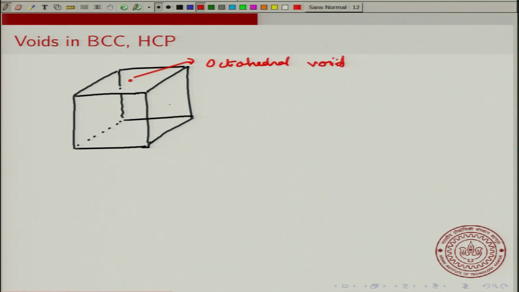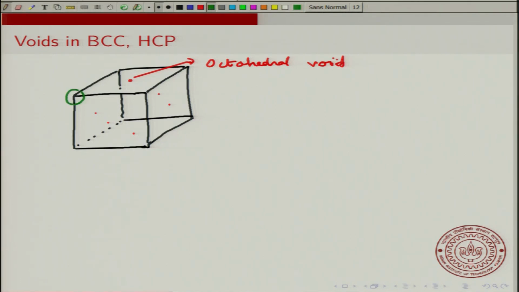Each of the points at the face centers would be an octahedral void. It would be coordinated to the central atom. But there is a little bit of a catch, and this is the catch that you get with BCC.